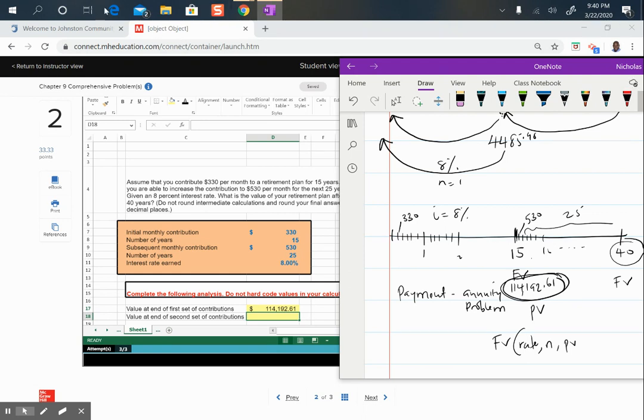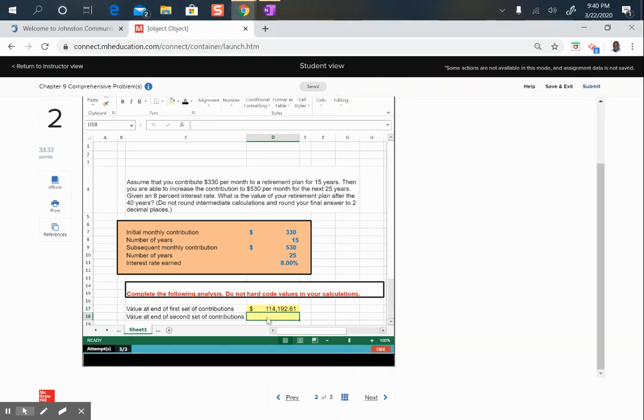So to do this again, just to show you quickly, what you're going to do is to determine the future value for this problem. You're going to enter the rate, and the rate here, remember, is 8% divided by 12. So you take 8% and you divide it by 12. That way you have a rate per period.